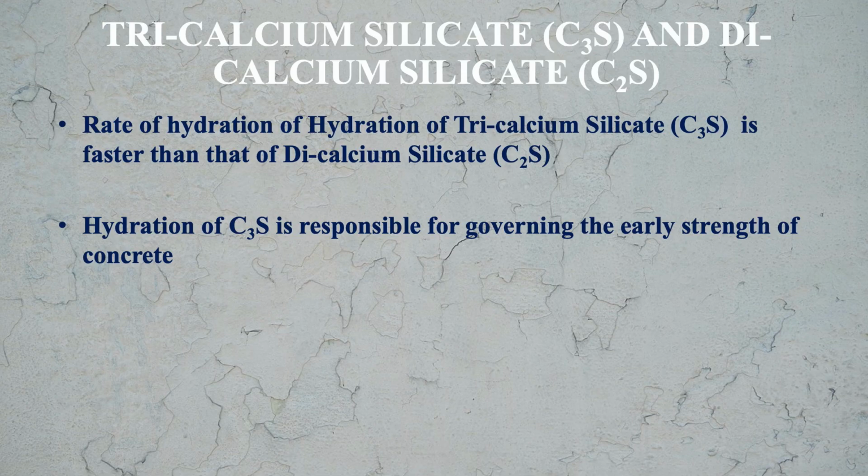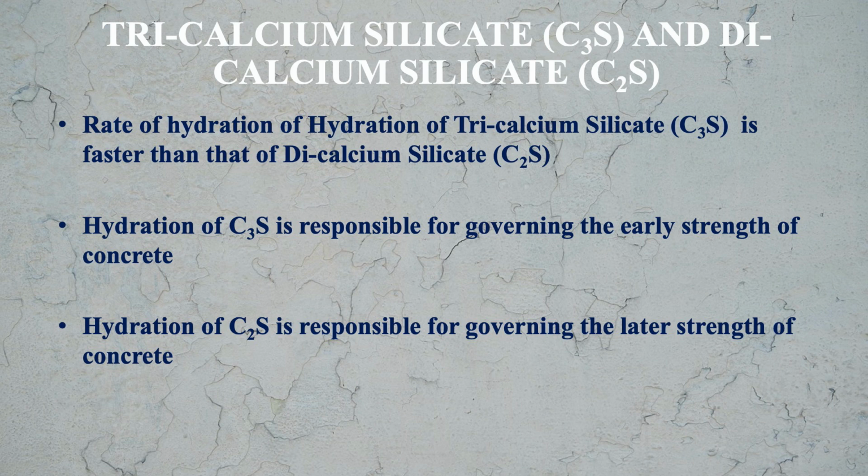Hydration of C3S is responsible for governing the early strength of concrete because its hydration is faster. So in comparison to C2S, early strength will be provided by C3S. Hydration of C2S is responsible for governing the later strength of concrete.